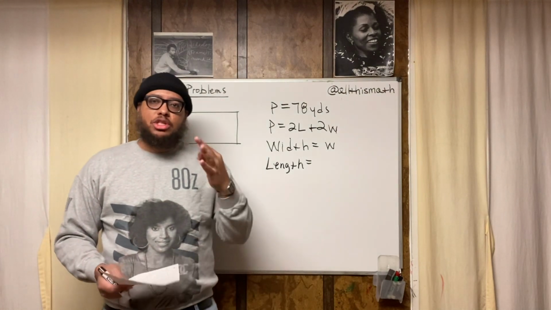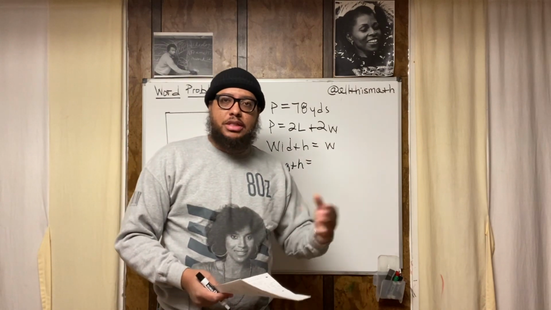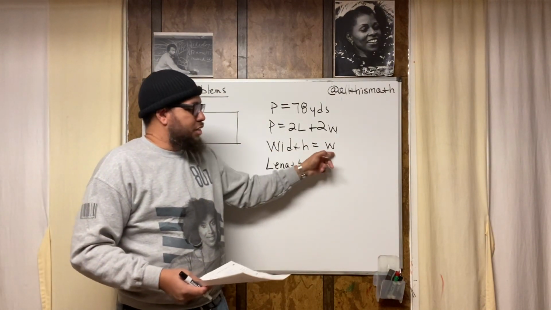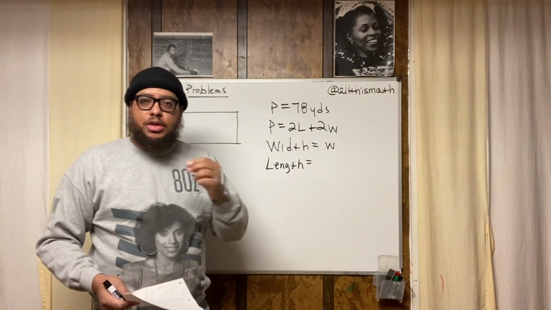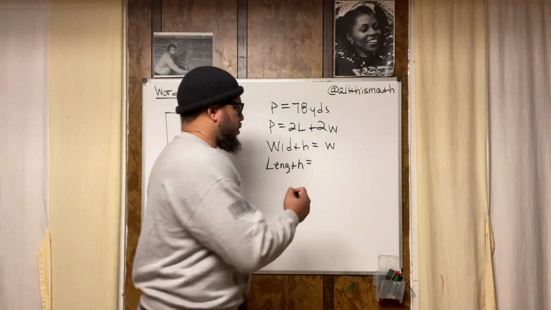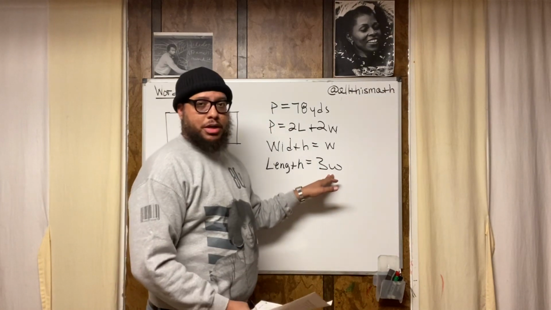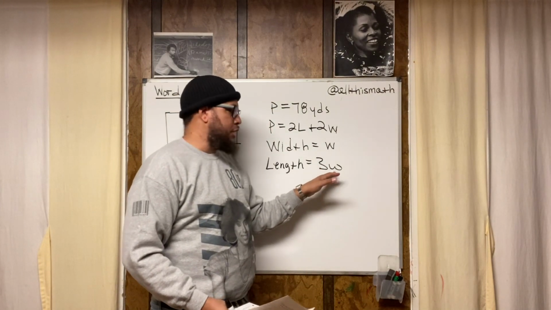So the 3 times its width part means 3 times W, because W is the width, right? That's what we said. We said the width is W. So if I say 3 times the width, then that's represented by 3W. That's part of this expression. That's not the whole expression, that's just part of it.